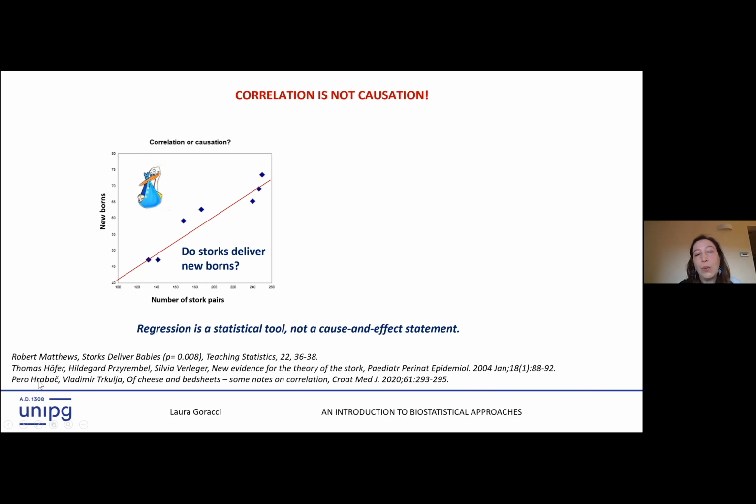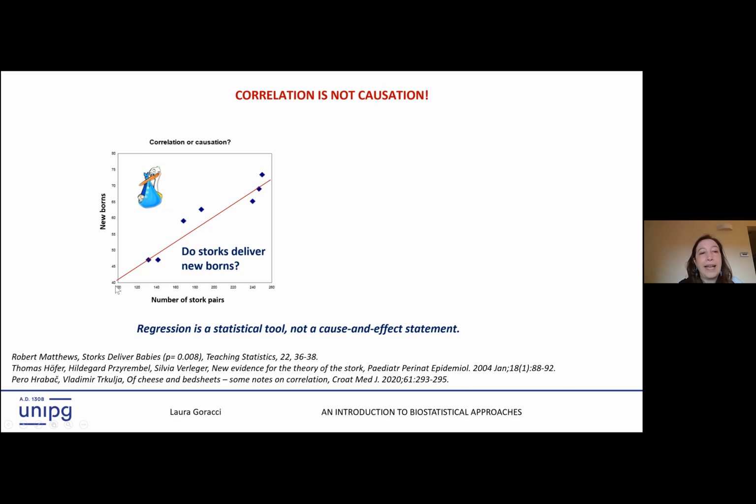Here I'm giving you several references from the literature if you want to go deeper into that. But that doesn't mean, at least we don't have the proof to say that storks deliver newborns. This can happen if, for example, there is another variable behind that can explain this as a secondary effect. So let's make an example that is sometimes reported as a hypothesis.